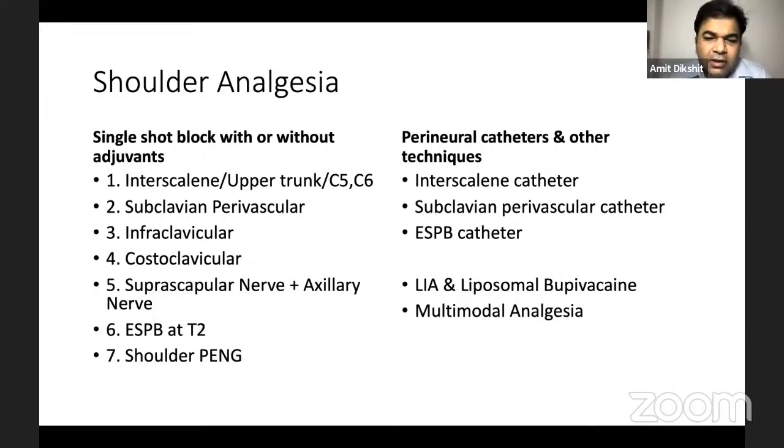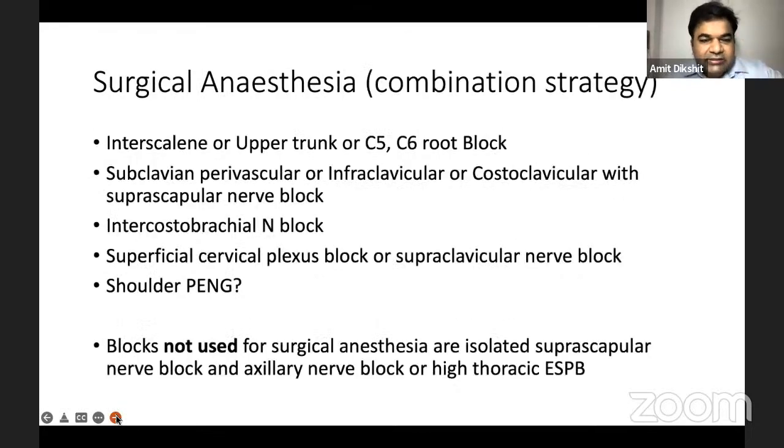So it does work. So even if you have tried any of these blocks, with multimodal analgesia, I think it's a good strategy. Use of liposomal bupivacaine and LIA: this is always to complete the list, but there are articles about chondrolysis with local infiltration if it is injected in the cartilage. So this is about the analgesia strategy.